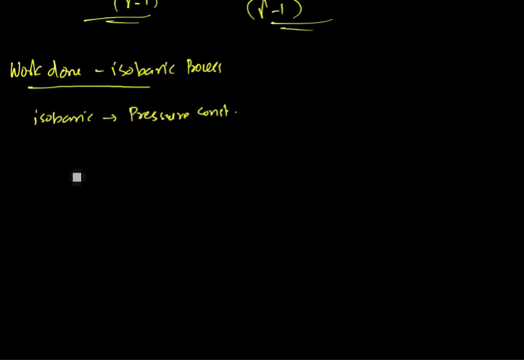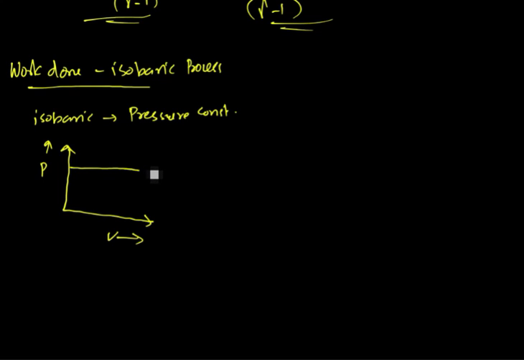Now, if you consider the indicator diagram for an isobaric process, pressure is taken along the y-axis and the volume is along the x-axis. Then pressure is constant means it will be parallel to the x-axis, or we can say that an isobaric process is a horizontal line parallel to the x-axis or the volume axis in the PV diagram.